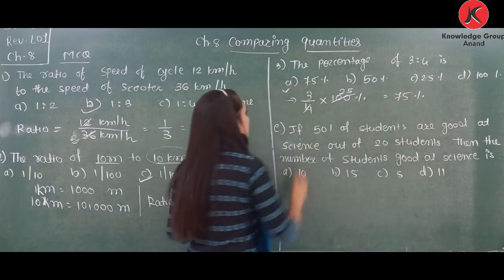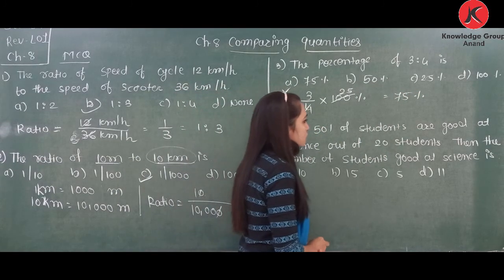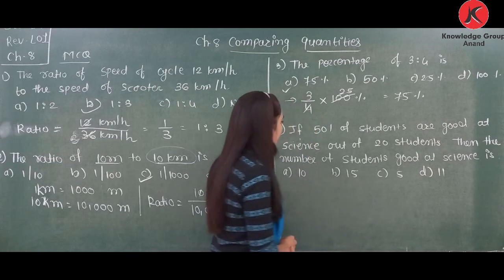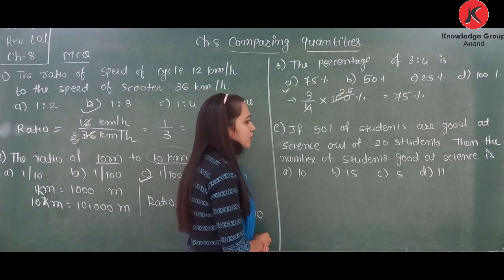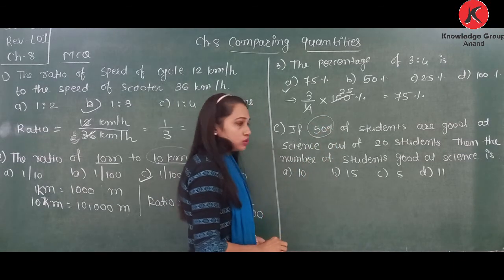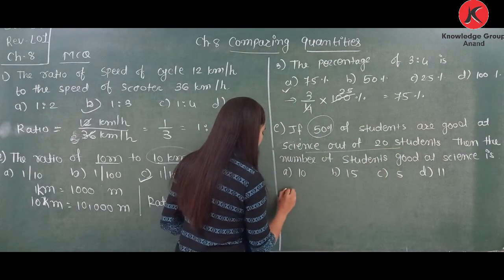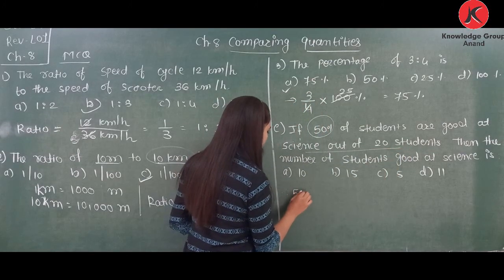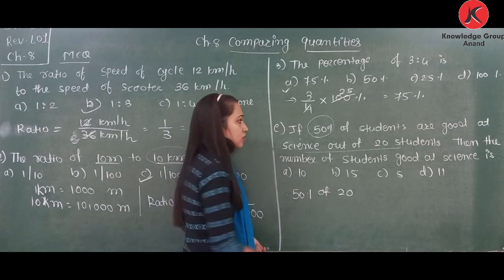So answer is E. Now next one. If 50% of students are good at science out of 20 students, then find the number of students good at science. We can write 50% of 20.